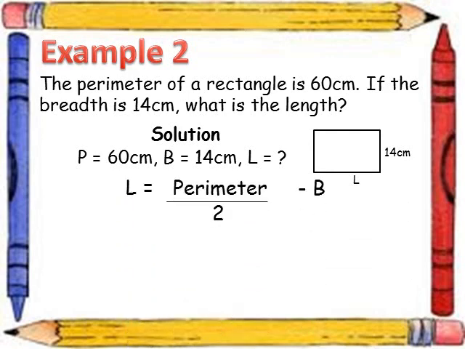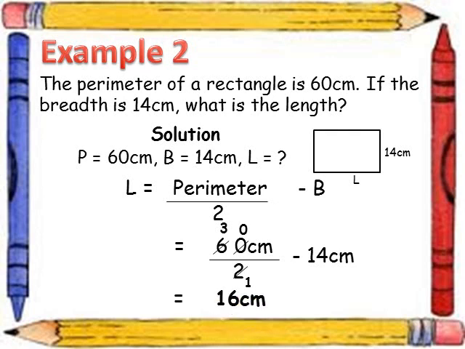Formula for finding the length of a rectangle given the perimeter is perimeter divided by 2 minus breadth, which is 60 divided by 2 minus 14. Now let's divide. 2 in 2 is 1. 2 in 6, 3. 2 in 0, 0. So we have 30 minus 14 centimeters, right? So 30 minus 14, what does it give us? 16 centimeters.